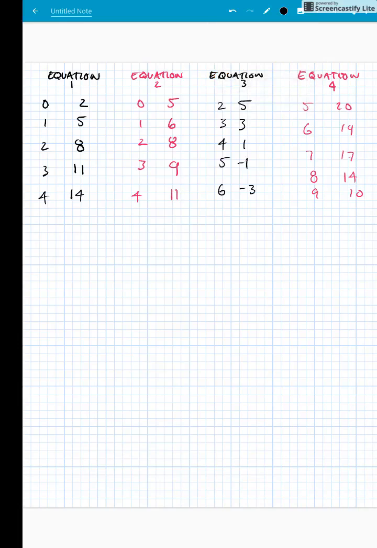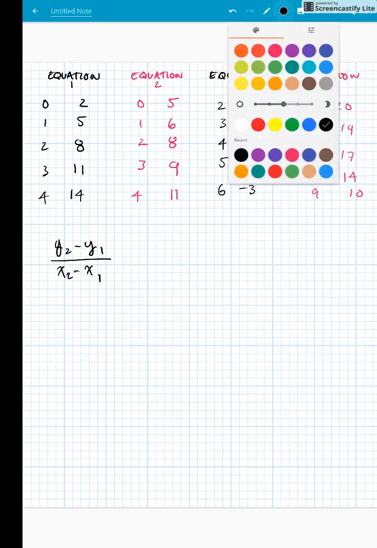Do I know how to do that? I can try. I honestly would graph them to see if they have a trend, or you can use y2 minus y1 over x2 minus x1 for two sets at a time.